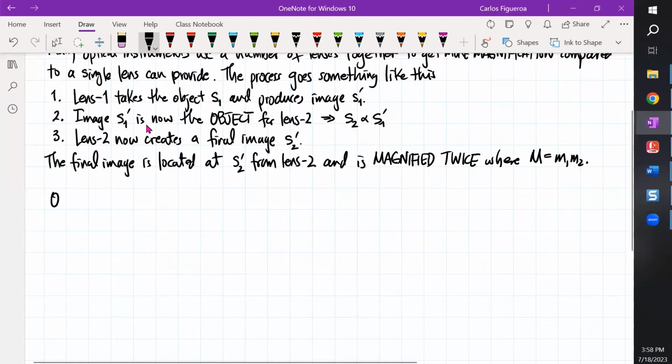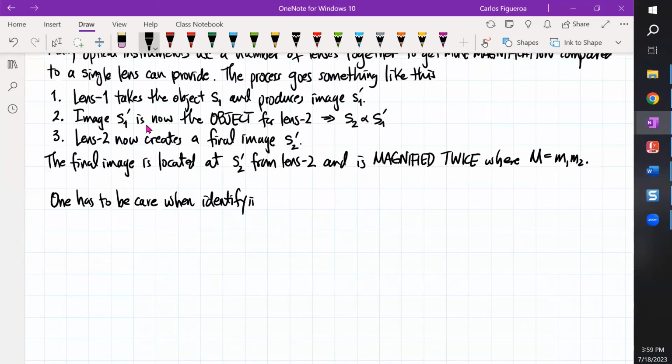So one has to be careful when identifying whether the image is real or virtual. And the question is, why?